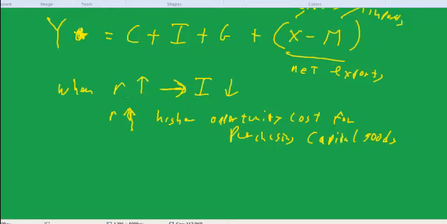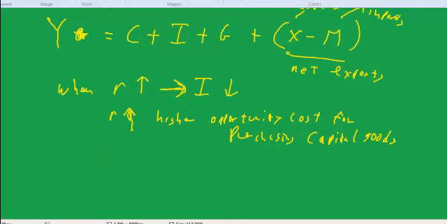So that's why when the interest rate goes up, everything else equal, we'll see investment be lower than if the interest rate had not gone up. So that's this story. And now I want to talk about how the interest rate affects net exports.